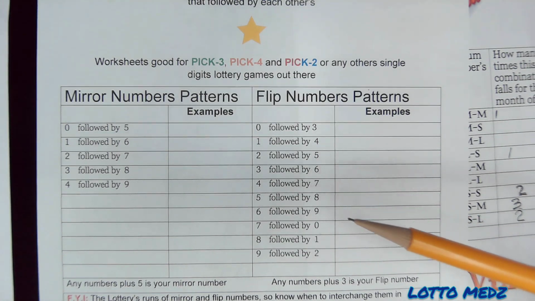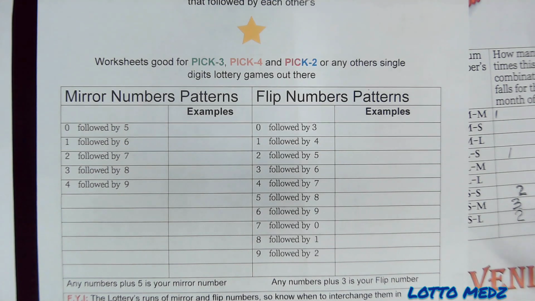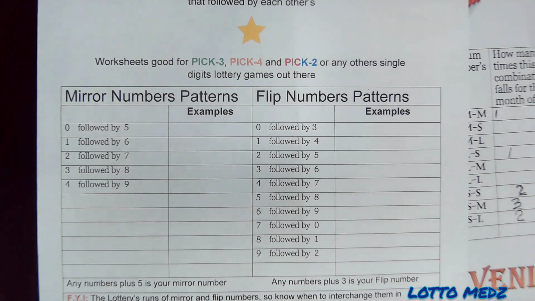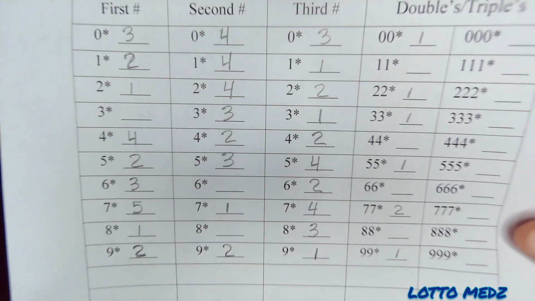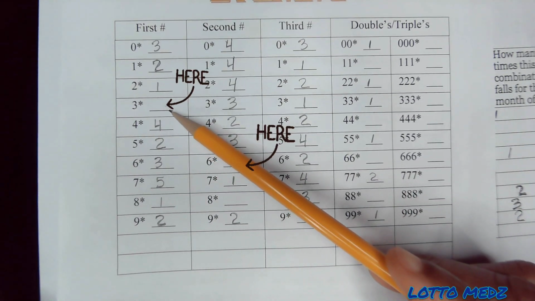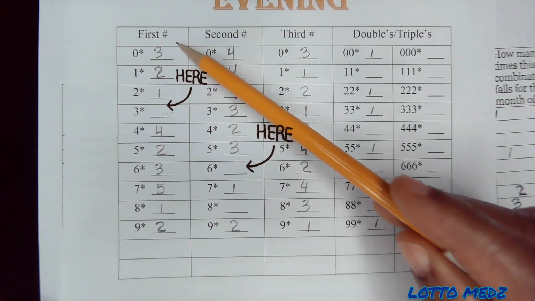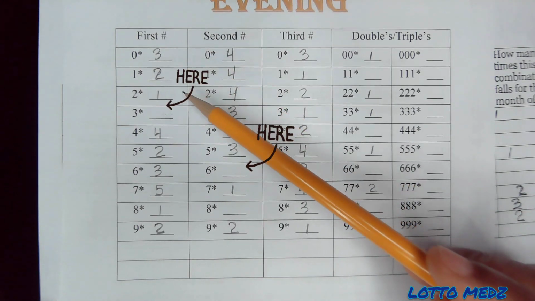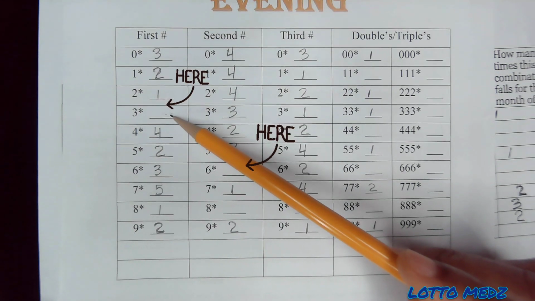Remember, I'm going to show you again the frequency sheet so you don't get confused. Look again, this is the frequency sheet. The first number over here is the first number that the machine would have possibly selected. This number 3 has not shown up.